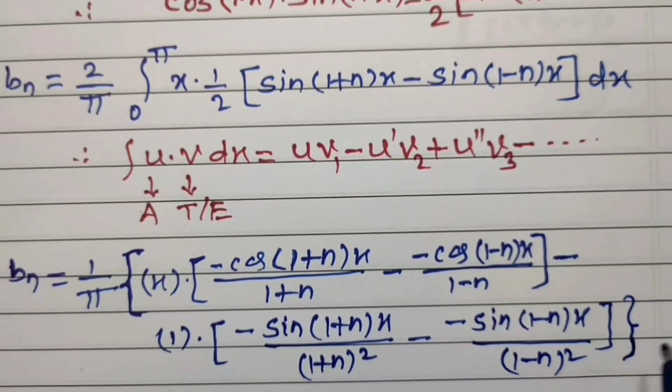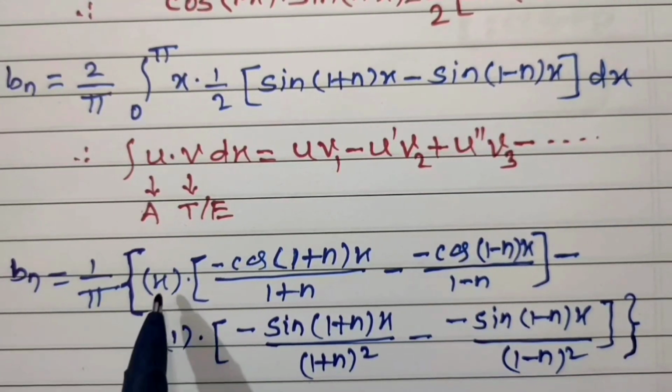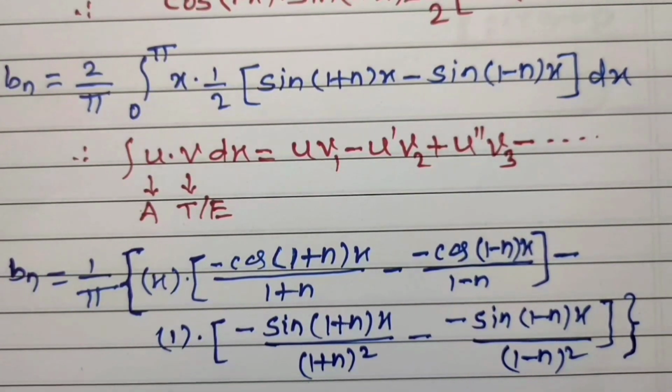And now next term will be 0 because here the derivative of the first term is constant. And limits from 0 to pi.